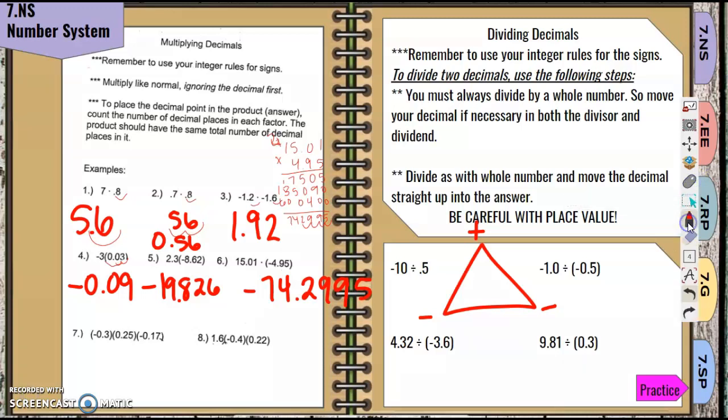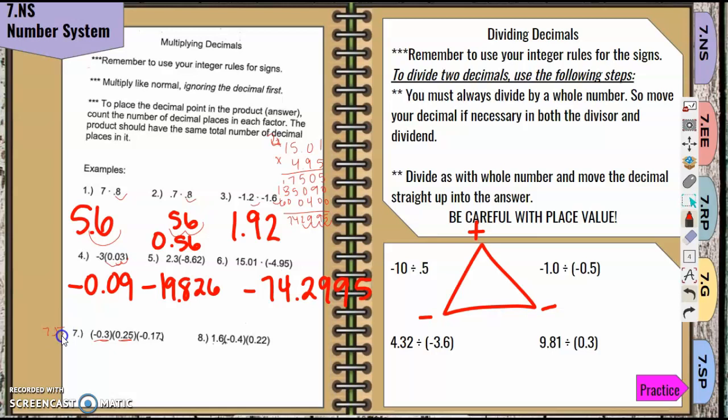All right, number 7. When I have 3 numbers, I can only multiply 2 numbers at a time, so I'm just going to work from left to right. Negative 3 tenths times 25 hundredths. Well, I know that 3 times 25 is 75.